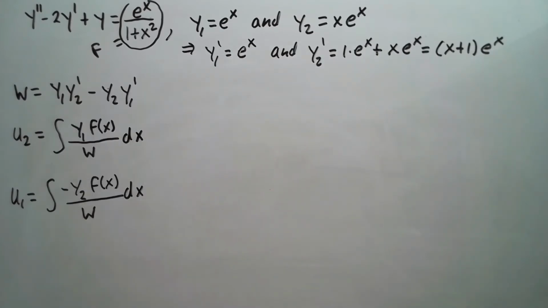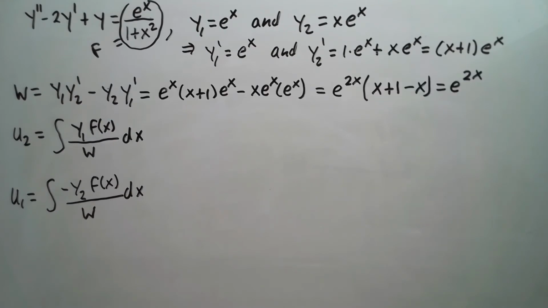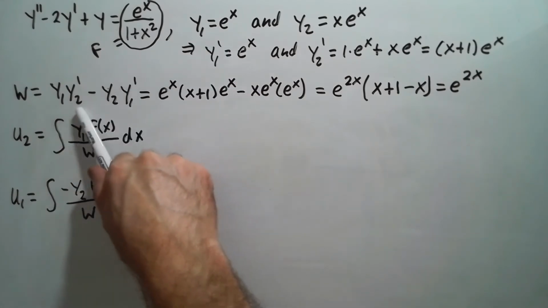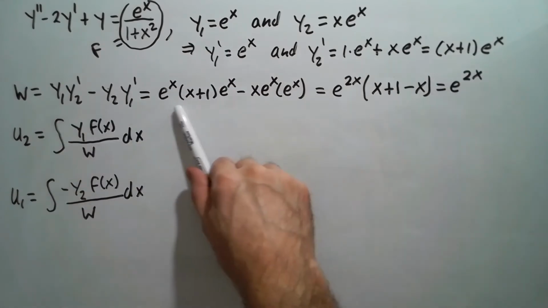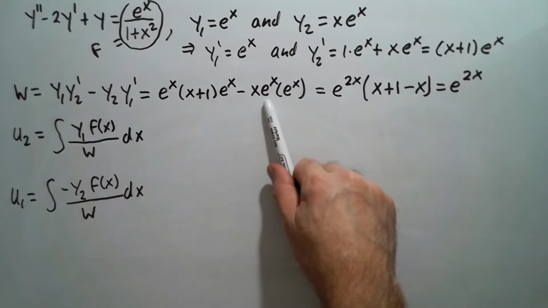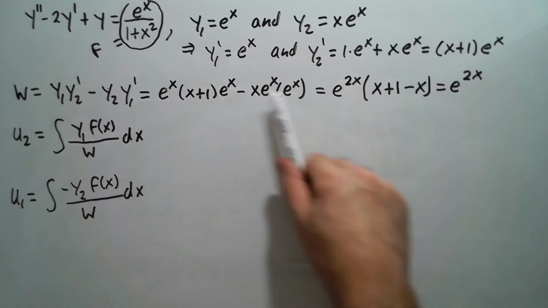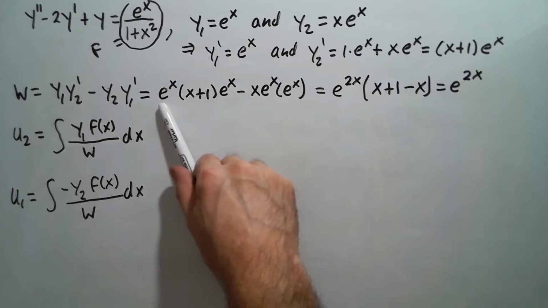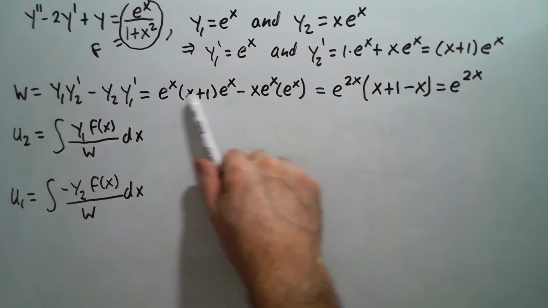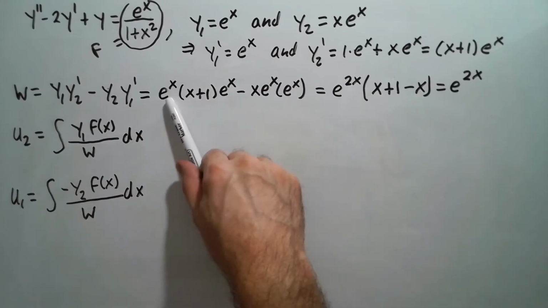Okay, so let me put those values here and compute the Wronskian. It's y1, which is e to the x, times y2 prime, which is x plus 1 e to the x, minus y2, which is x e to the x, times y1 prime, which is e to the x. Now the two terms each have two e to the x's, so when you multiply them, it becomes e to the 2x.